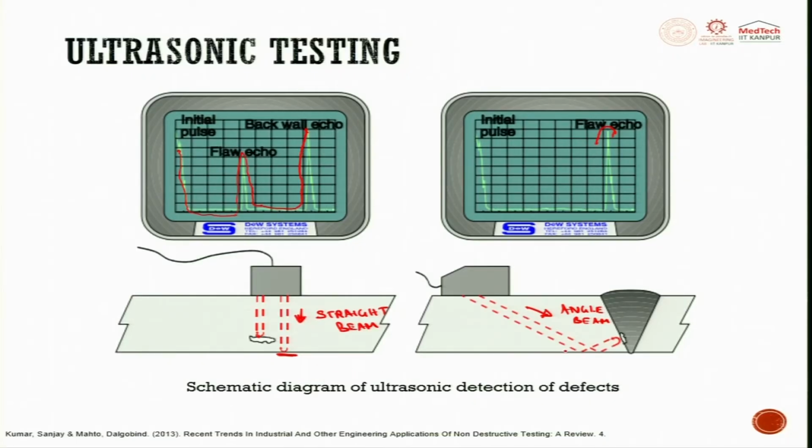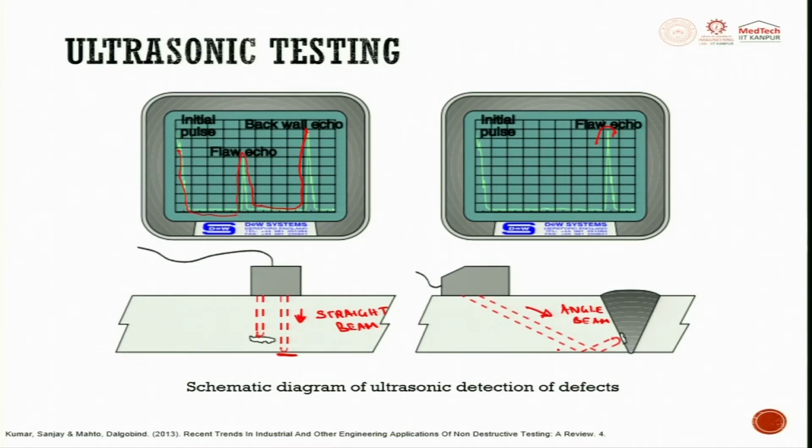Now, we have the angle beam as well, in which the transducer is mounted in such a way that it is angled or wedged, and it is designed to transmit the sound beam at a known angle. This angle could be 45 degrees, 60 degrees, 70, 65 degrees or so.